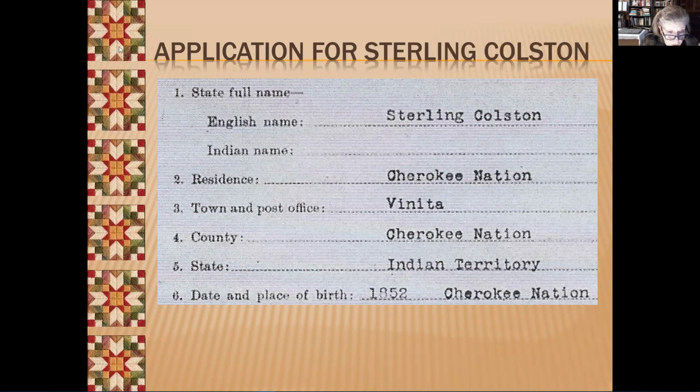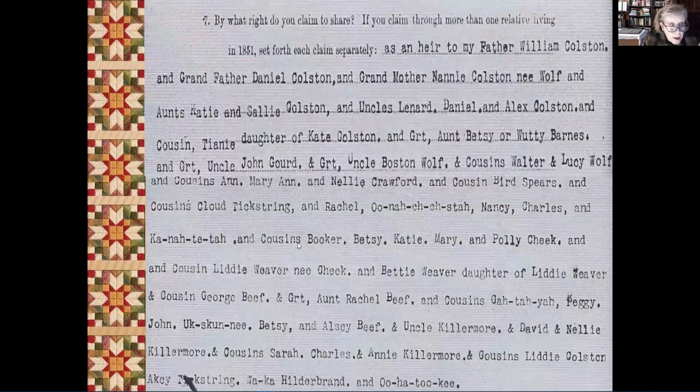And it's just the usual stuff: your name, where do you live, and the date and place of birth. So he was born in 1852. Lives in Veneta. Now, this is kind of funny. He evidently knows everybody imaginable in his family.